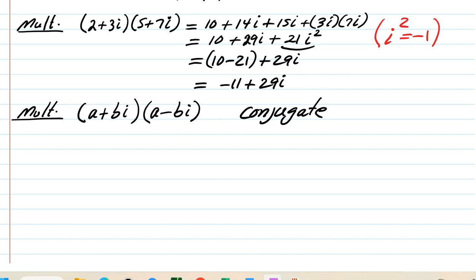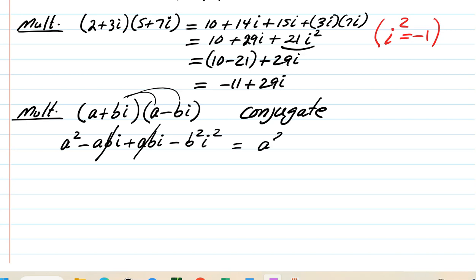When we multiply two conjugate binomials, this is a general form for any such complex numbers, we FOIL them and get a squared, negative abi, plus bi times a gives me another abi, minus b squared i squared. The two middle terms are like terms and they're opposites, so they add to 0, leaving me with a squared minus b squared i squared, which is a squared plus b squared.